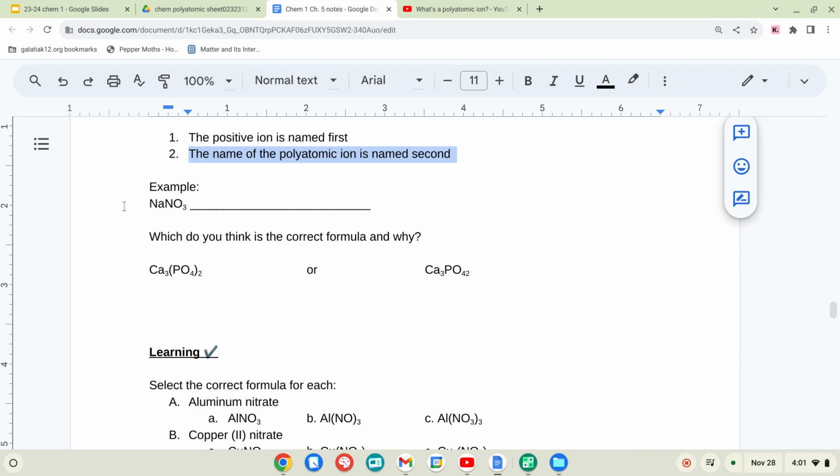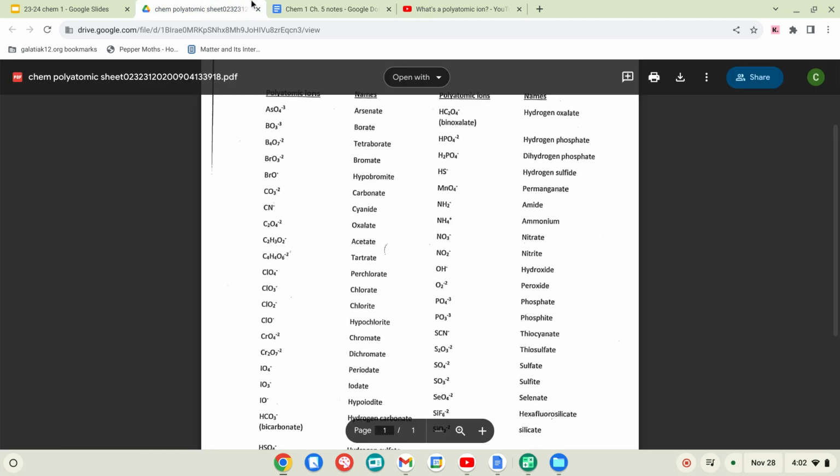So, for example, if you look at this, I've got my positive first, which is just sodium. I'm not doing anything different than what I did yesterday. So that's sodium, but now I see that I've got 3 capital letters, 3 elements: sodium, nitrogen, and oxygen. So right away I'm like, oh, there's something from this sheet on here.